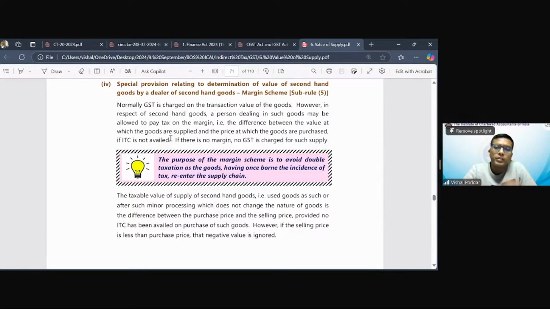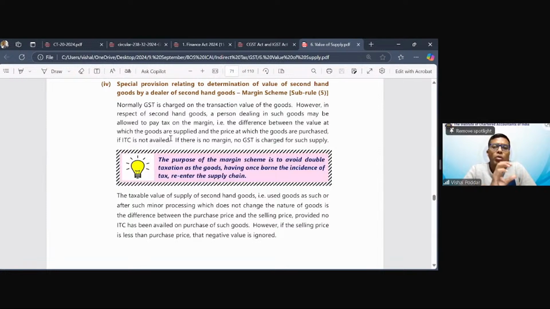Majority of their car stock is from individuals. So on their purchase side, that is the input side, there is no GST, so there is no ITC. On the sales side, when they sell these cars, and many times individuals are the ones buying, if they levy GST on the full amount, it becomes a challenge because then the value of the car increases.